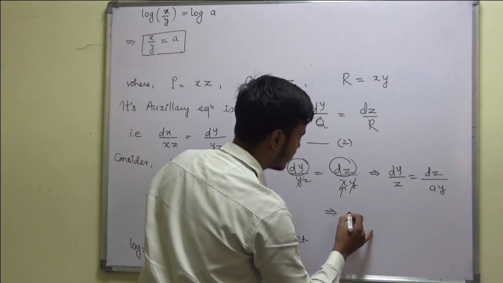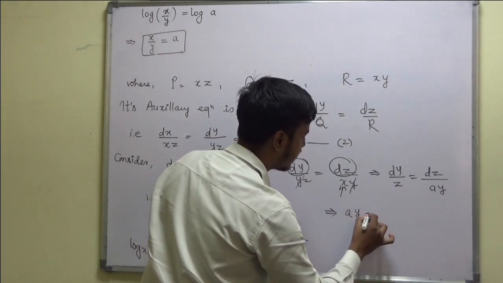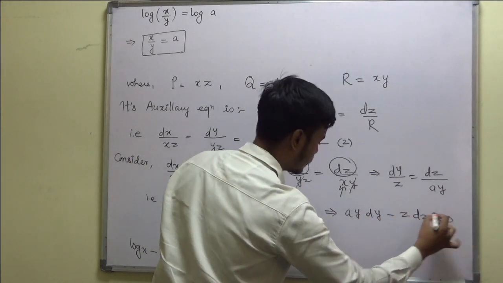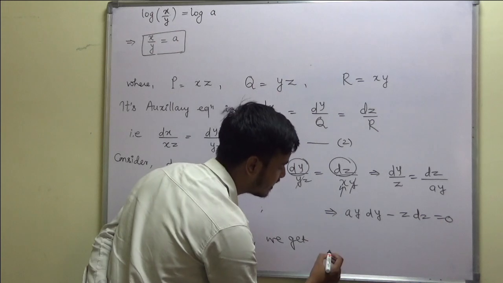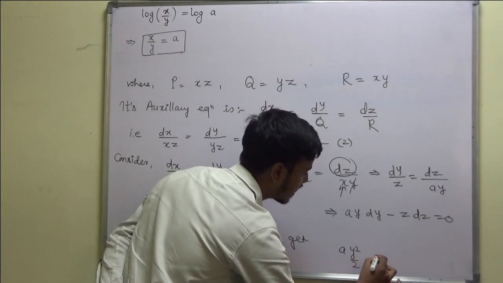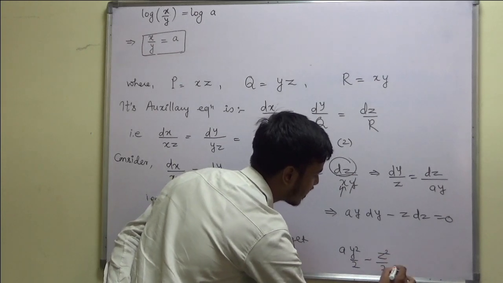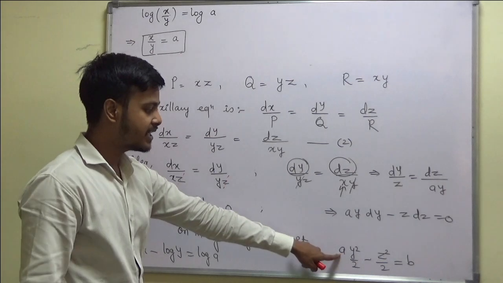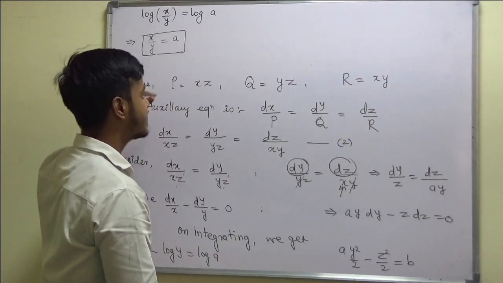So it is like ay dy minus z dz is equal to 0. Integrate. On integrating you will get a y square by 2 minus z square by 2 is equal to b. Now replace the value of a, which is x by y.